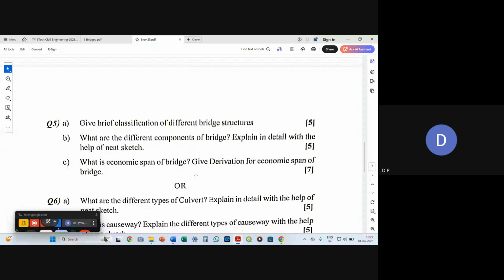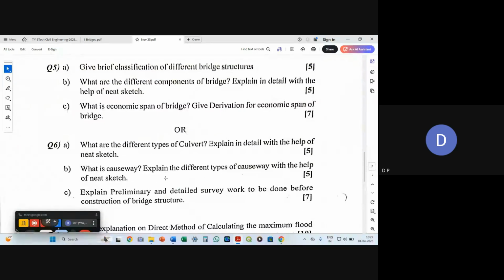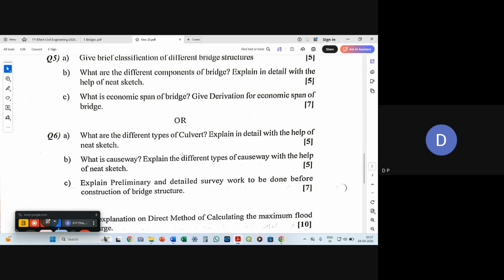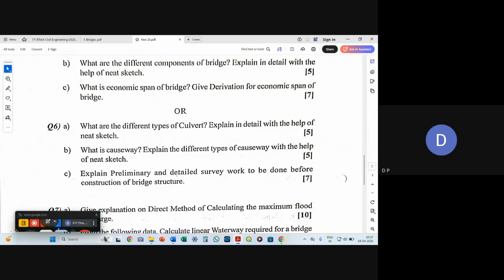Give derivation for economic span of a bridge. What are the different types of culverts? Basically, you have to understand the difference between culverts and bridges. Under culvert, you will see box culvert, pipe culvert. Explain in detail with the help of a neat sketch. Sketch is very important and very much needed. What is a causeway? Explain the different types of causeway with the help of a neat sketch.